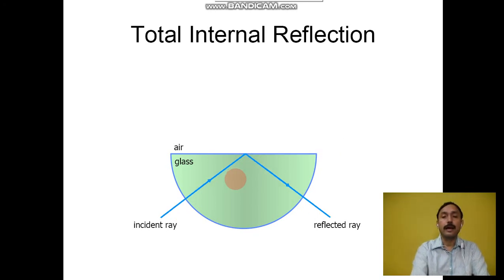Now, more than the critical angle, when the ray is incident on the surface of glass, there will be no refracted ray. The total light will be reflected from the denser surface. This is known as total internal reflection.